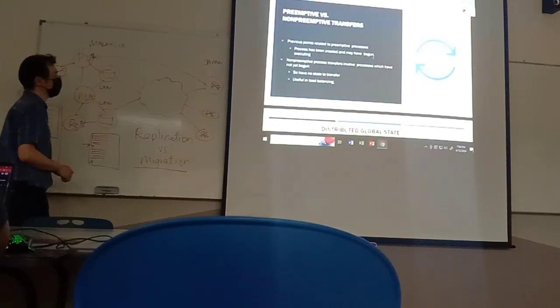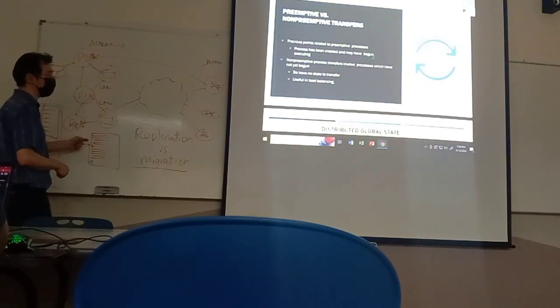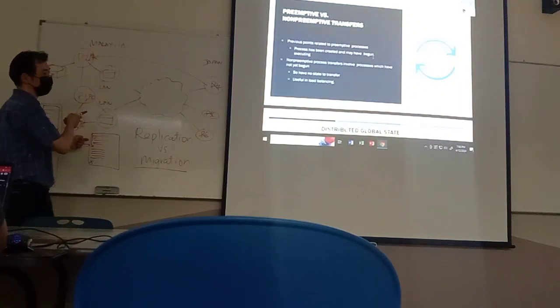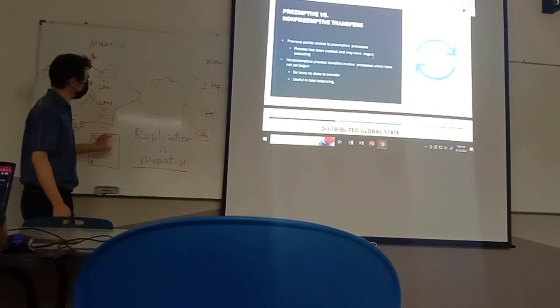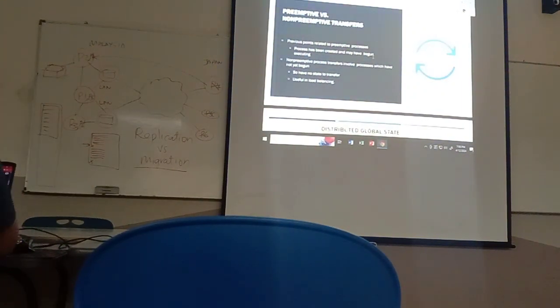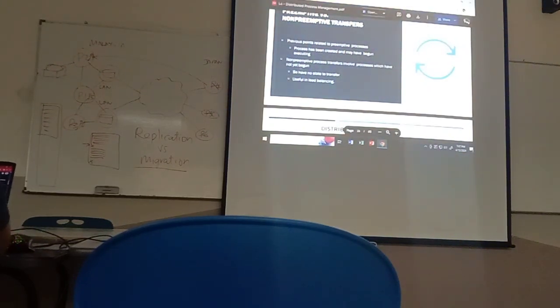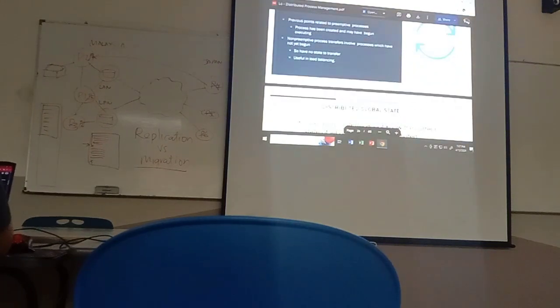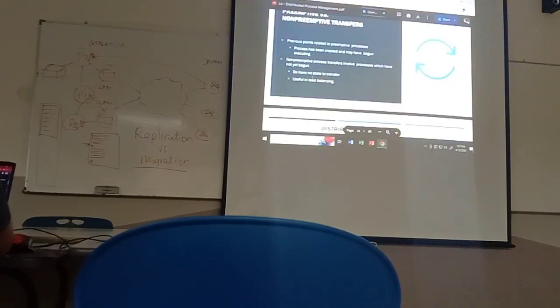For example, you already changed some of the data. Can you roll back, or can you carry forward what you have changed across to another machine? So the preemptive one is more difficult. The non-preemptive one is the simplest of all. You haven't started yet, then you do the migration. So the non-preemptive one is useful for load balancing.